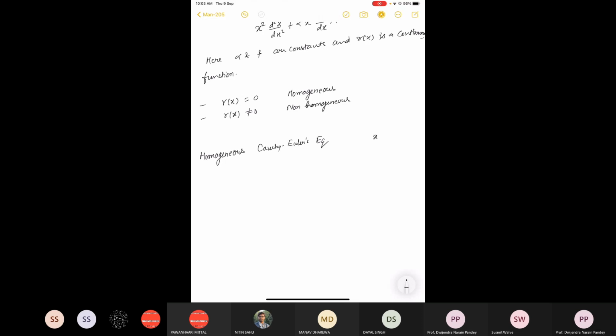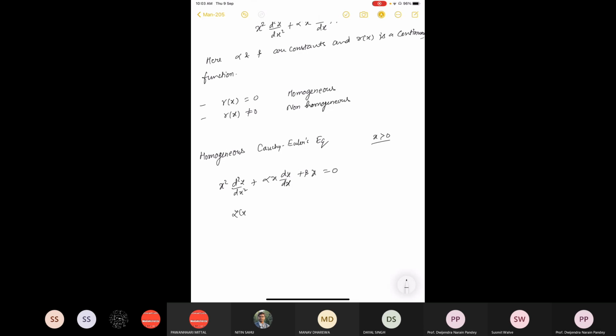equation. So here I'm assuming that x is greater than 0 and we are solving x square d2y by dx square plus alpha x dy by dx plus beta y equal to 0.